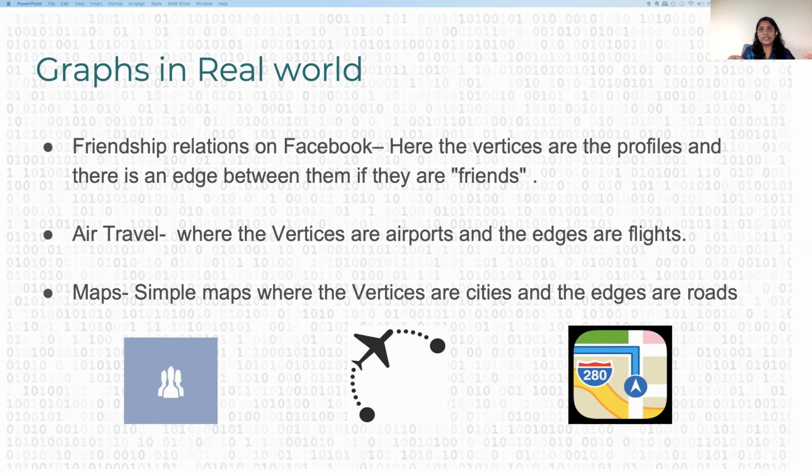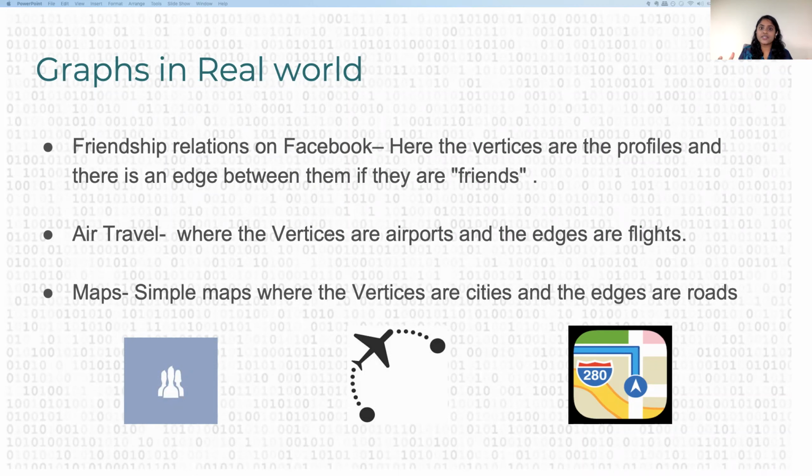Other examples, like air travel, where you can have the vertices as airports, and the flights connecting the vertices are referred to as edges. And the third example would be simple maps, where the vertices are represented as cities or destinations, and the edges are roads connecting those cities.